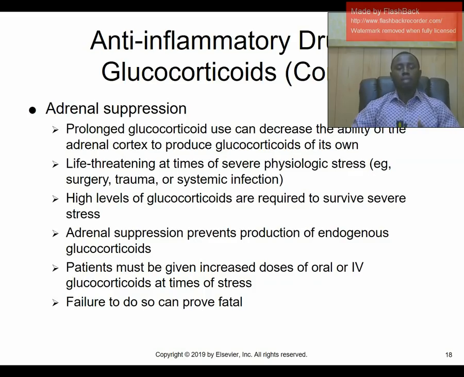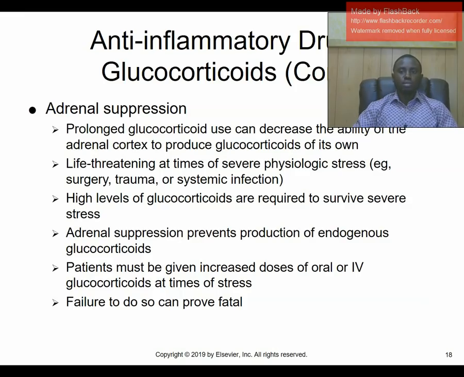So if I am a patient who is taking a glucocorticoid, say 50 milligrams, my provider is not going to stop it abruptly, but she or he may reduce it to 30 milligrams and then maybe 20, 10, 5 for some days before I can stop it completely.